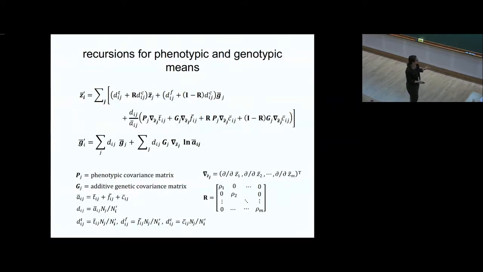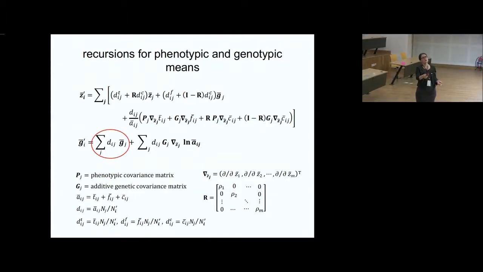At least for phenotype. Now for genotype, we just have two bits. How does the genotype change? Well, there's just movement from J to I that carry the genotype, and those are the movements in the matrix. And then this part here is the combined effects of basically selection.